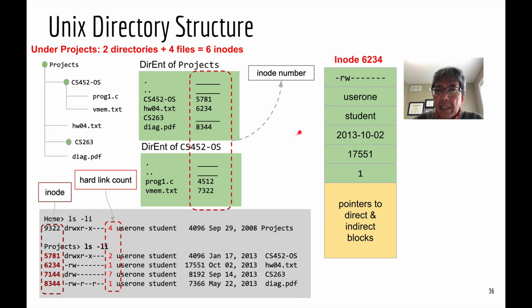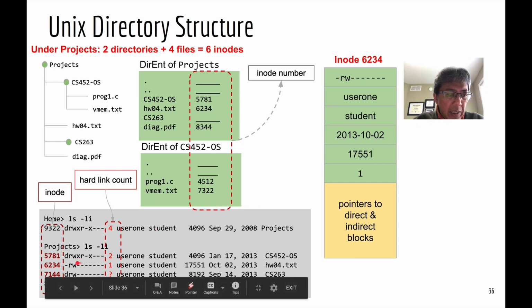Let's look at the details of inode 6234. 6234 is the inode of our homework4.txt file. And if you look at the output from the gray box, we can see more details. The metadata of that file: the permission mode is read-write only by the user. And you see the permission mode here.